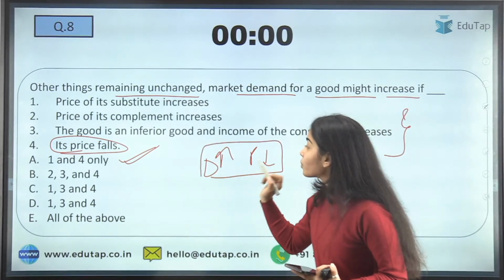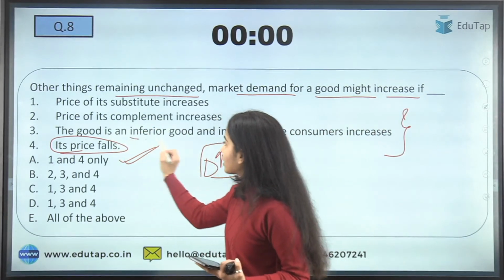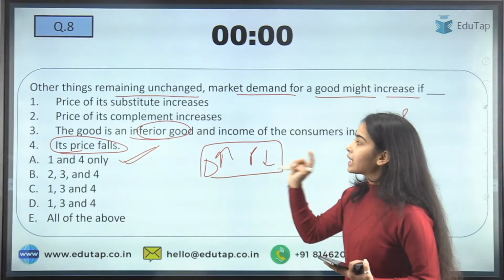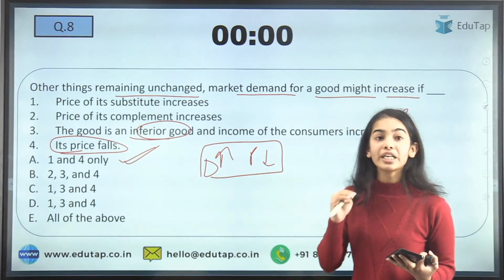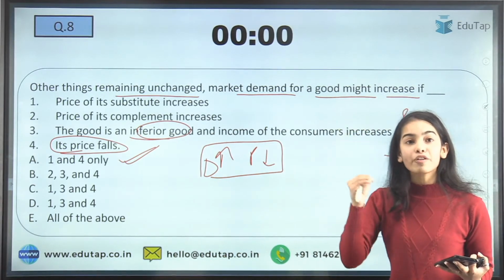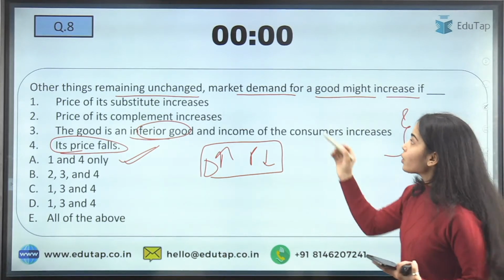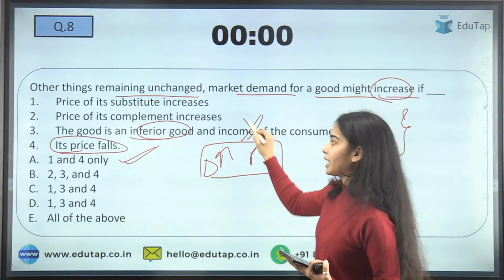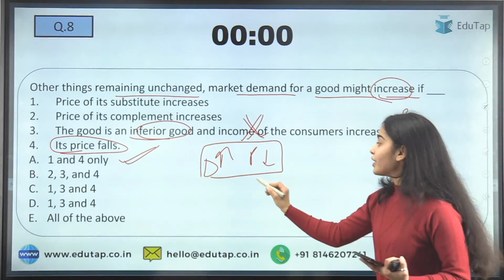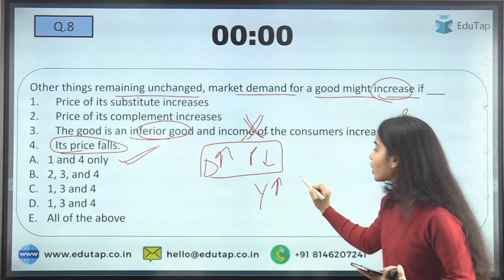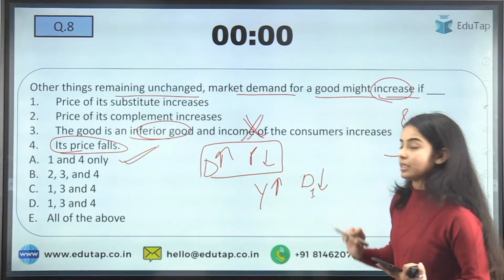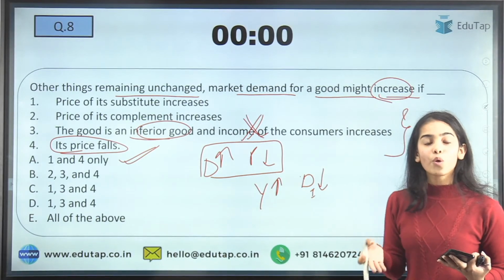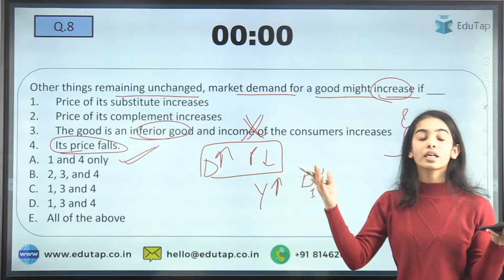Now the third one, inferior good. In the case of inferior good, when your income is increasing, the demand for inferior good will decrease. Here we are talking about increasing demand, so this cannot be right, because you will not want to go in the auto rickshaw when you are earning so well.